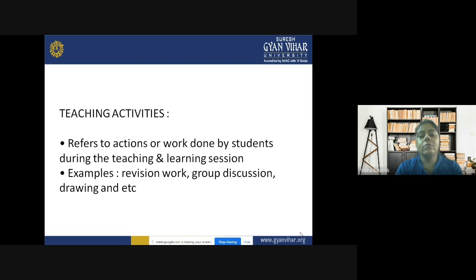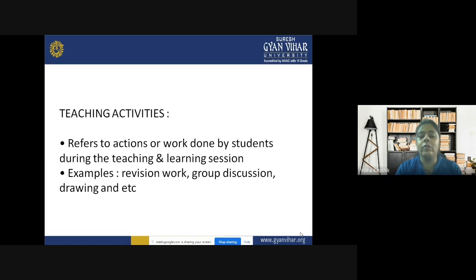Now, teaching activities refers to action or work done by students. Means the teaching activities refer to the action or work which will be performed by the students during the teaching and learning session, and the actions or the works which have been performed by the students during the teaching learning process is known as a teaching activity.